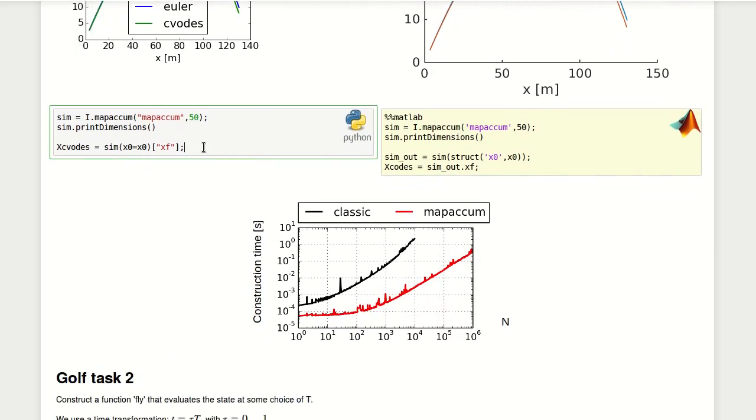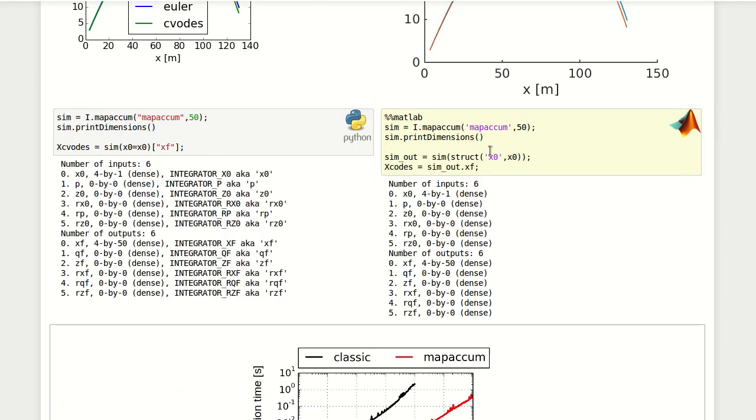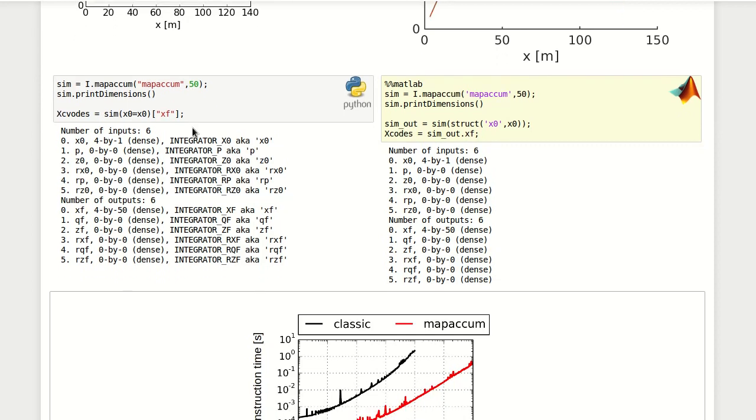It doesn't have to be, so there is a solution. You can use the MapAccum functionality. So out of the integrator, you ask for a MapAccum node and a number of repetitions, and this is basically a verbatim replacement for this for loop. So MapAccum will pass the final state to the input of itself repeatedly.